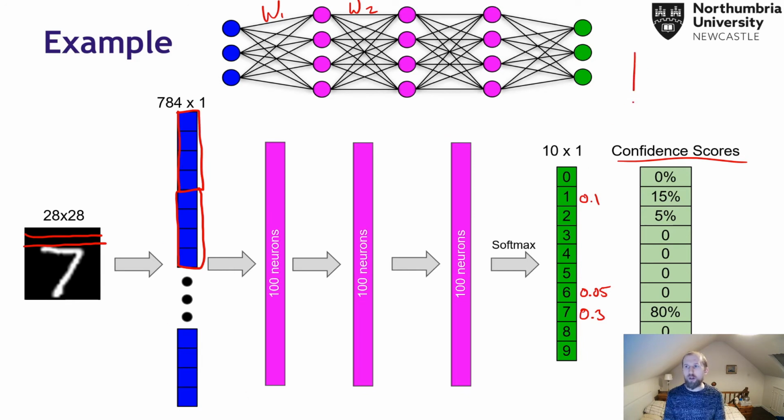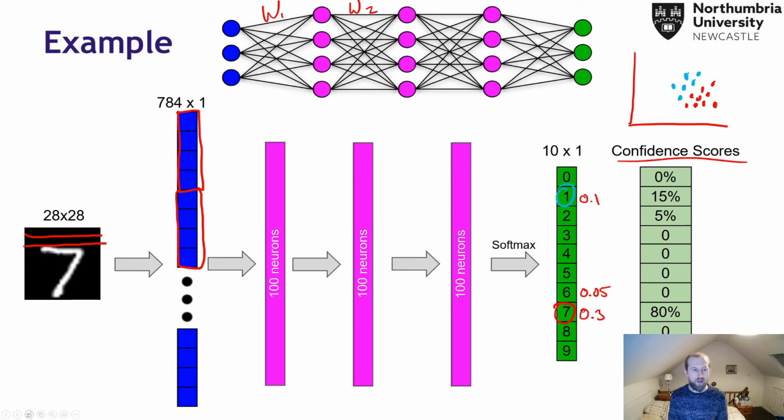And when we look at the manifold of the numbers in the MNIST dataset, let's say that the number 7 is in red, then all the number 7s are hopefully going to be around here, quite close to one another. But if the number 1s are in blue, they're going to be very close to the number 7s as well.